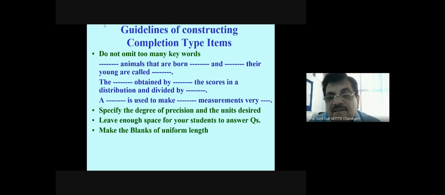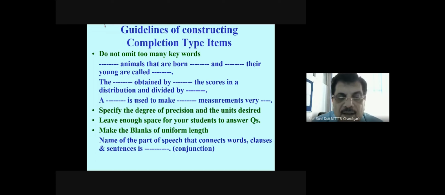And if there are, say, three or five completion type items in the question paper, make all the blanks of uniform length. If you are keeping the length according to the size of the answer, that will perhaps give the hint to the student.